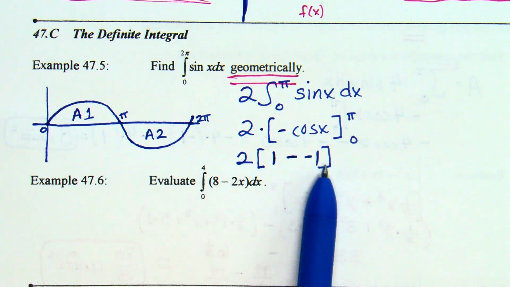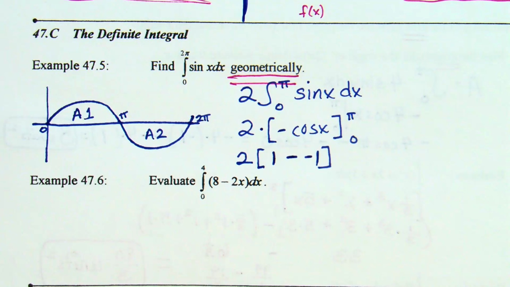So 1 minus negative 1 is 2. So the area under one curve is 2. Times 2 makes it 4. And so that area is 4 units squared.